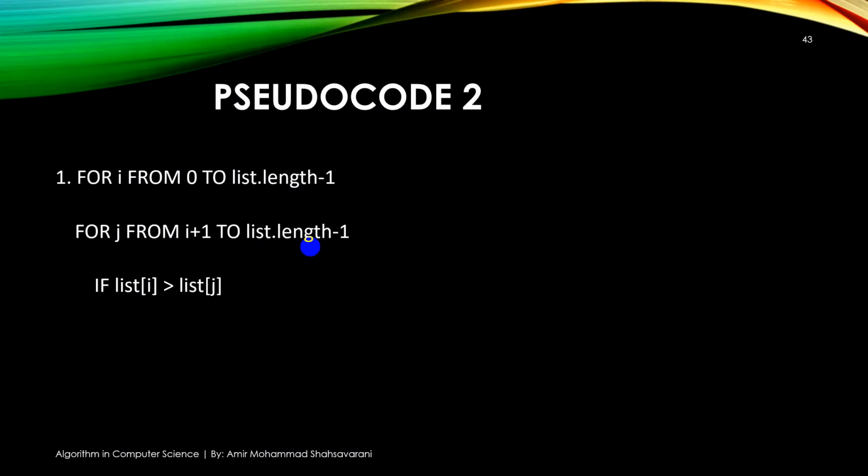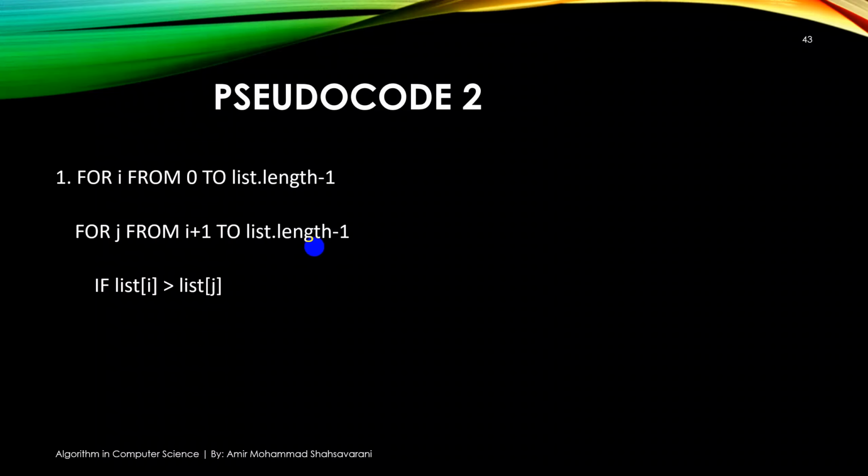As you can see, it's a sort of binary comparing two by two. We have one i and one j. i goes from 0 to list.length minus 1. j is i plus 1, which means that j is someplace one step further than i.